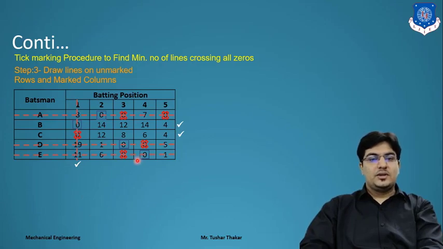So we get 40, 12, 14, 4, 4, 6, 8 and 12. Eight different values are there. So we take the minimum value among the 8 values and subtract it from the others, and that value we add at the intersection of the lines.